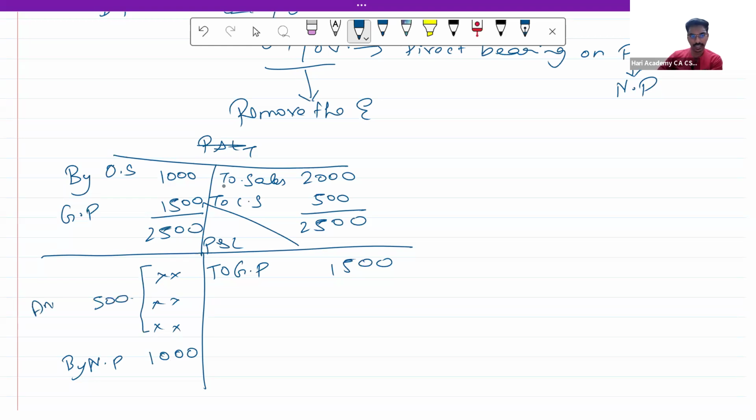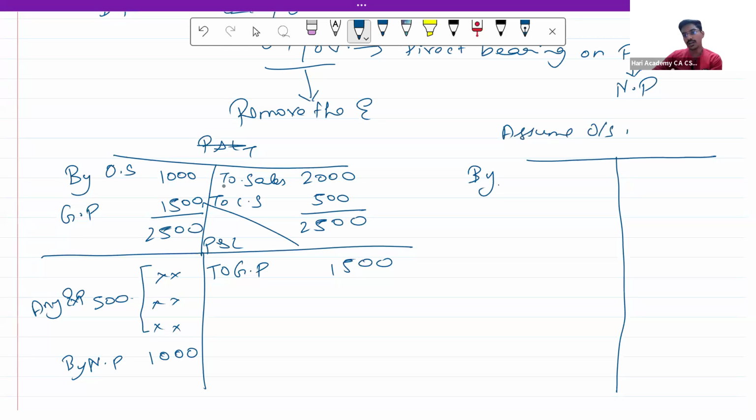Any expense. This is your trading and profit and loss account. Assuming your opening stock is overvalued by rupees 500, assume. Now what will happen? All the other figures remain the same. So this is going to be 1500. To sales, it is going to be 2000.